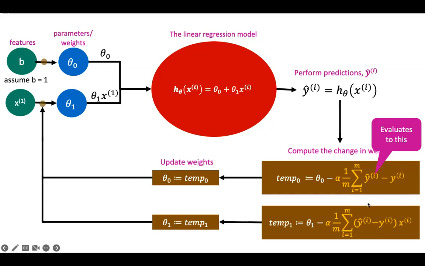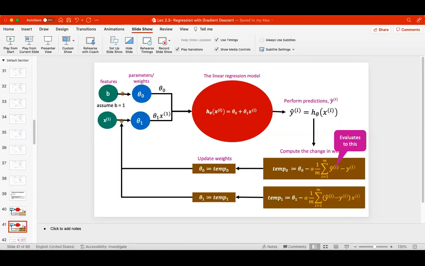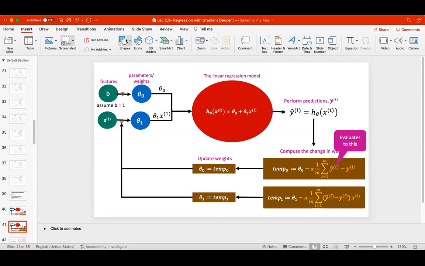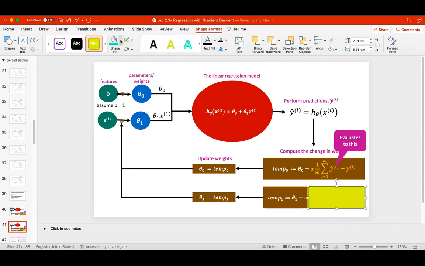So this whole equation is simply equivalent to the dot product of the error, y hat minus y, times x. So we can rewrite it like this.